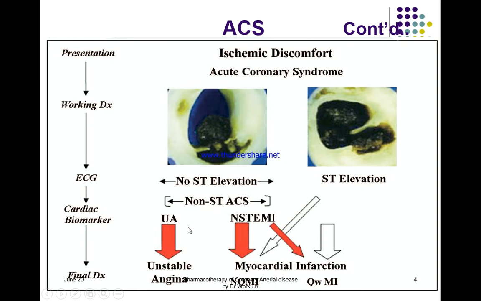Non-ST elevated myocardial infarction can be unstable angina or non-ST elevated myocardial infarction, which can be differentiated based on the cardiac biomarkers. And ST elevated myocardial infarction can be concluded from the ECG finding. The final diagnosis of acute coronary syndrome can be one of three of the spectrum: unstable angina, non-ST elevated myocardial infarction, or ST elevated myocardial infarction.